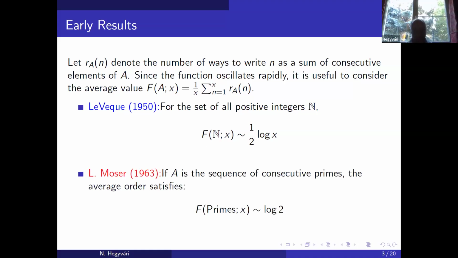The next result is due to Leo Moser from 1963. The next reasonable candidate is the consecutive primes. He proved that for primes this average is a constant, and the constant was also determined: it is the logarithm of 2.